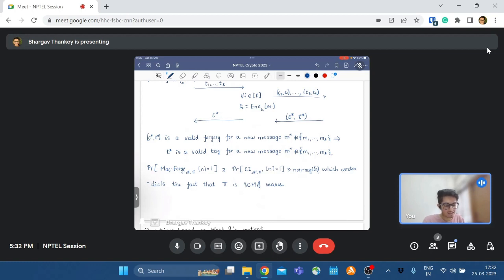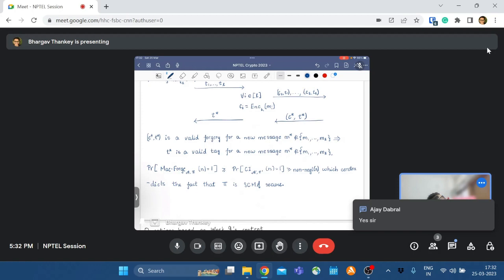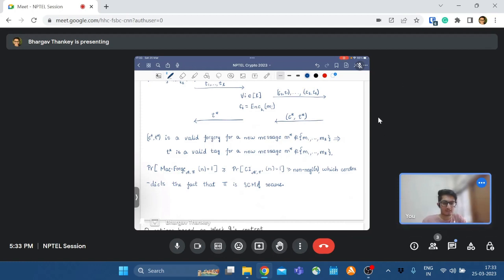So this implies that the scheme pi prime must provide ciphertext integrity. Is this fine? Yes. In that case, let's move on to the next problem.